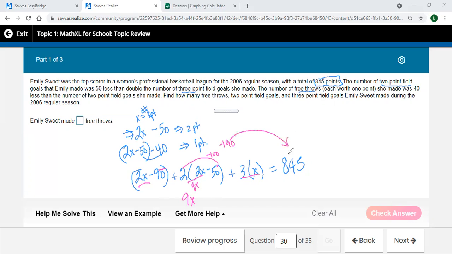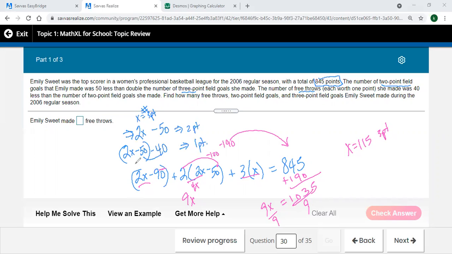So if I add that to the other side, I believe that's 1035 equal to my 9x. And if I divide by 9, I worked that out on the Desmos and came up with 115 for x. So that's the 3-pointers.